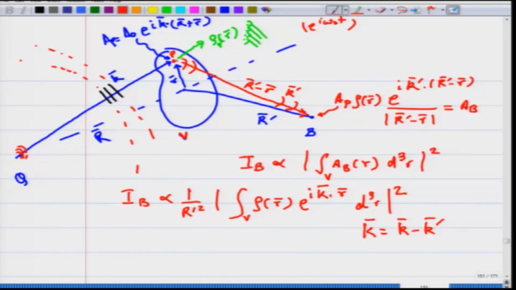Furthermore, if you have a large number of points at this point P, each of these points will act like scatterers and they will generate the secondary wave which is scattered from point P. So, if you want to look at the intensity or the amplitude of the wave which is scattered, it will not only depend on the amplitude of the incident wave, it will also be proportional to the density of particles present at point P. The more particles at point P, the more they act as secondary scatterers.